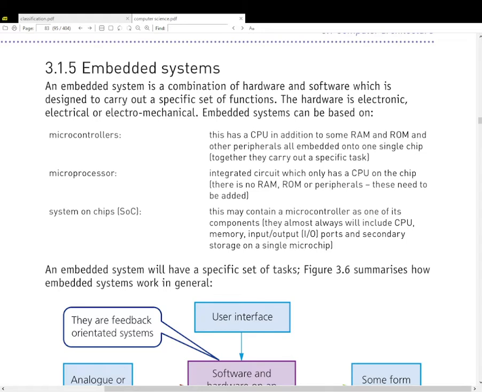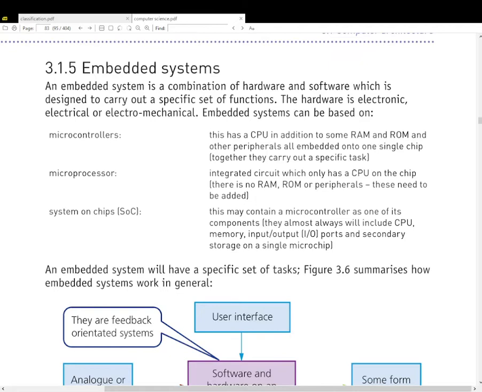Now, an embedded system is a combination of hardware and software which is designed to perform specific functions. Now, the hardware is electronic or electrical or even electromechanical. Embedded systems, as we've said, are made up of two major components, hardware and software.